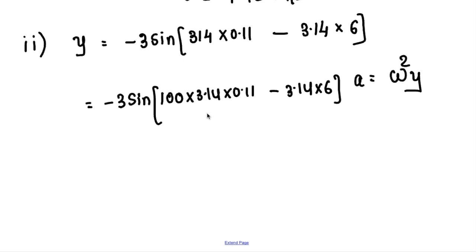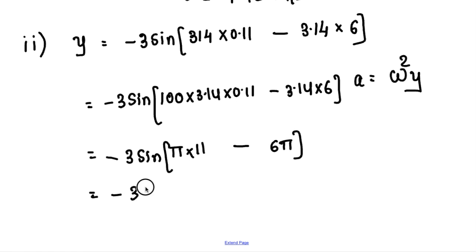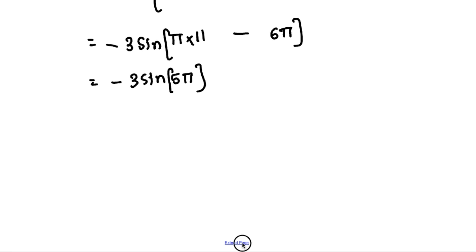Now putting 3.14 as pi, I'll be getting minus 3 sine pi times 100 into 0.11, that is 11, minus 6 pi, that is equal to minus 3 sine. What is 11 pi minus 6 pi? That is 5 pi.